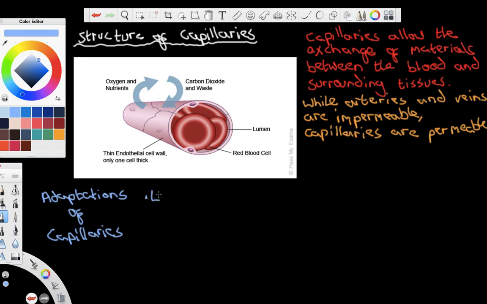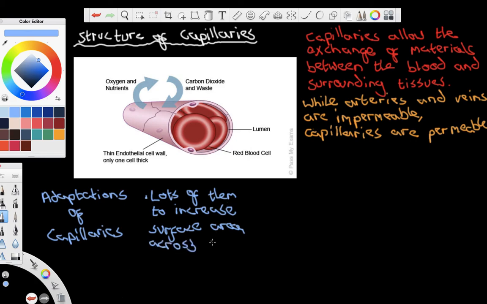So lots of them to increase surface area across which diffusion can happen.